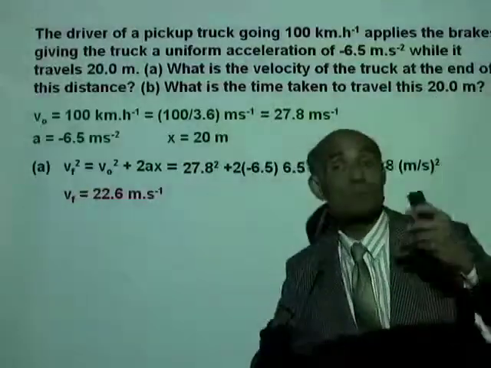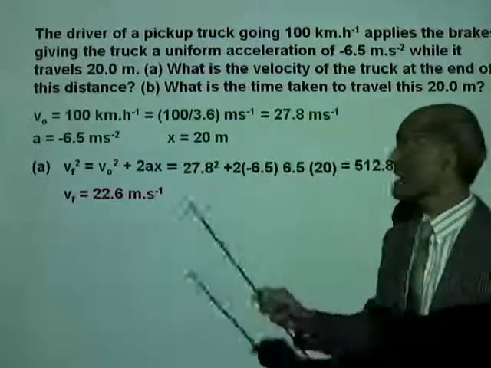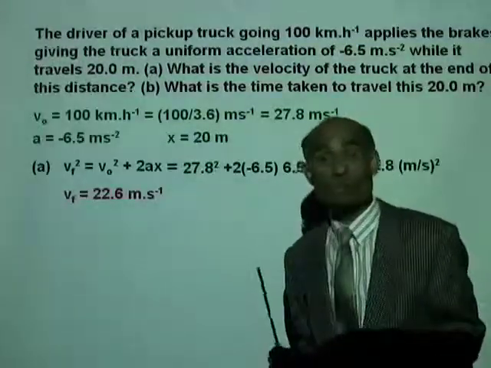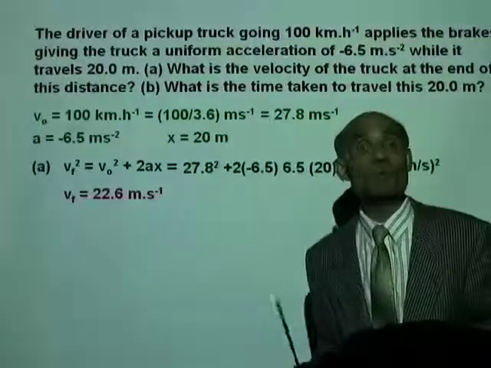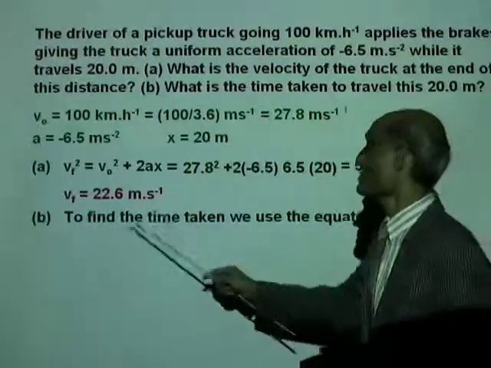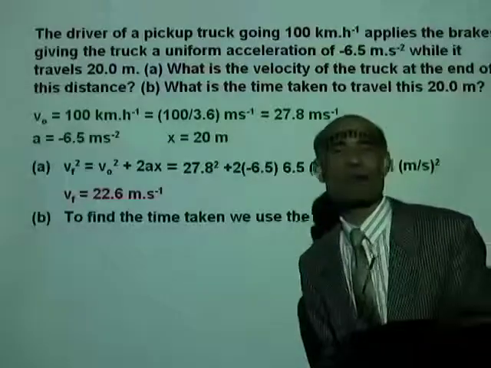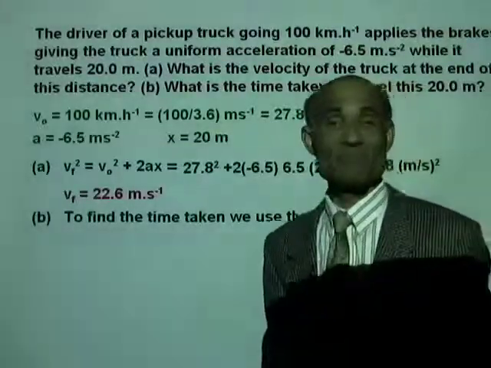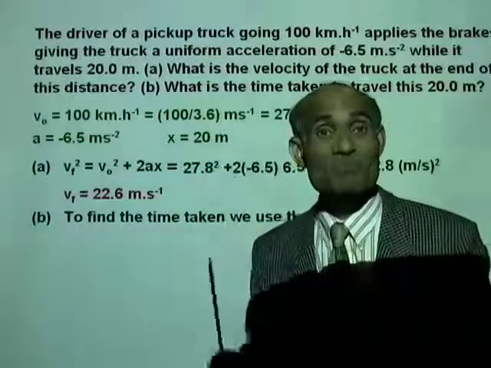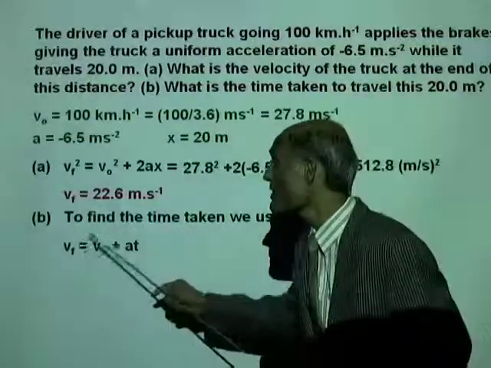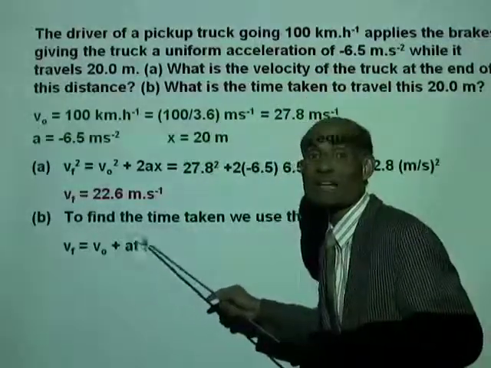Well, this time we are looking for time. We now have all the other quantities, so any of the equations would be enough. Tell me which equation is appropriate for that. You can actually use the first equation. That's the simplest equation. Vf equals V0 plus at.